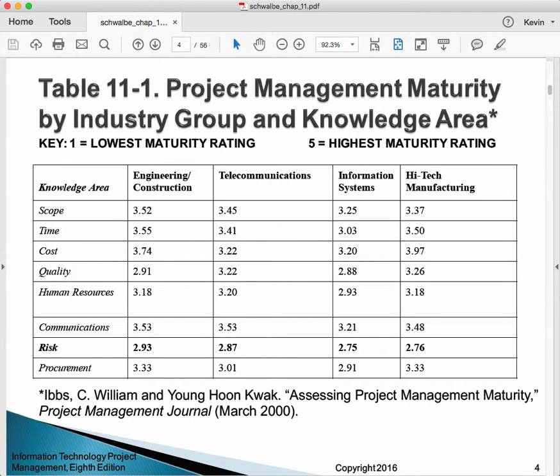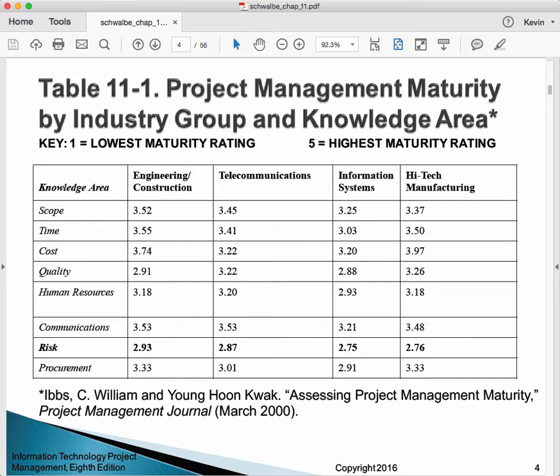So here is a table from the Ibbs and Kwok study. In the columns we have what we'll call industries: engineering and construction, telecommunications, information systems, high-tech manufacturing.